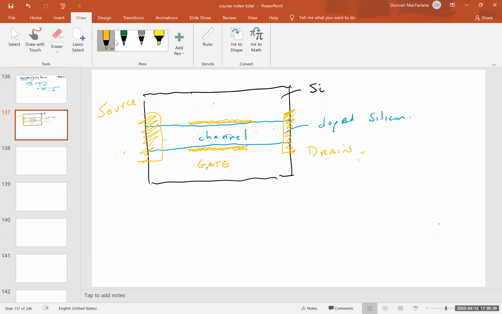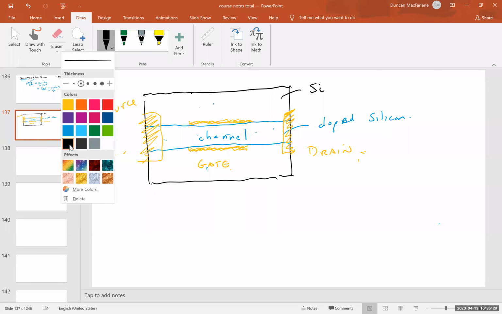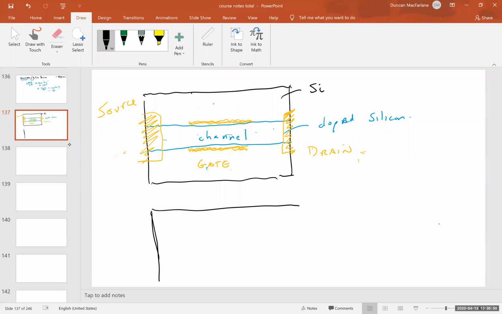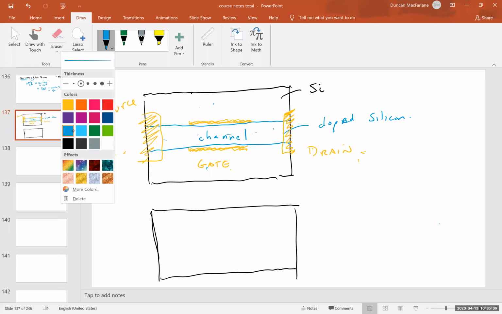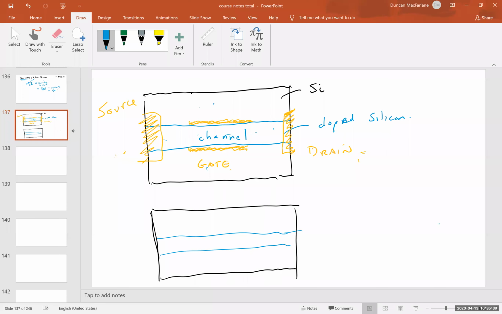So let me draw the same element again. There's my metal, there's my metal, there's my gate electrodes.